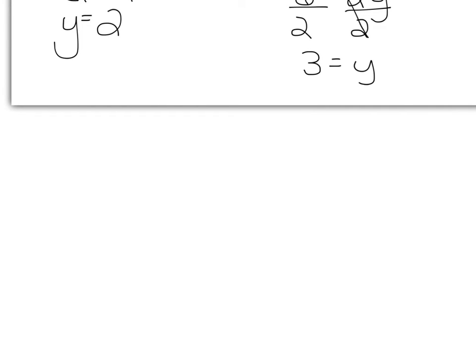So the original is the absolute value of 2y minus 3 is equal to the absolute value of 9 minus 4y.